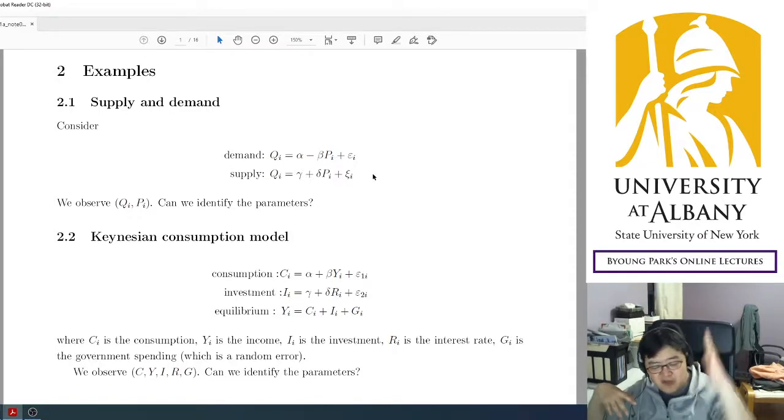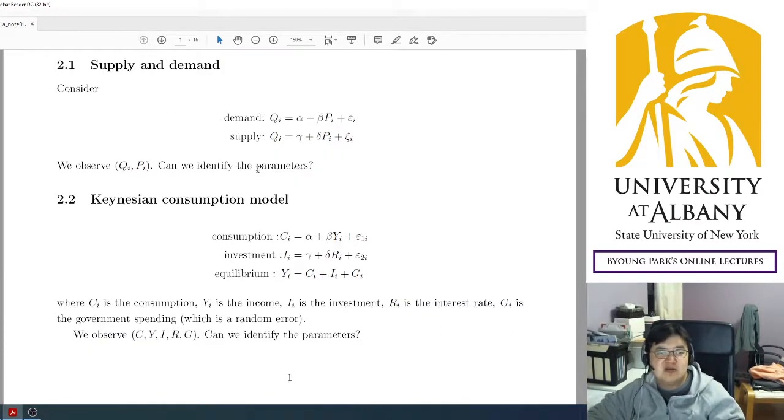Anyhow, there are several equations, and the several equations at the same time generate multiple random variables at the same time. That is one possible way to understand this. Say two equations, demand and supply, determine quantity and price.